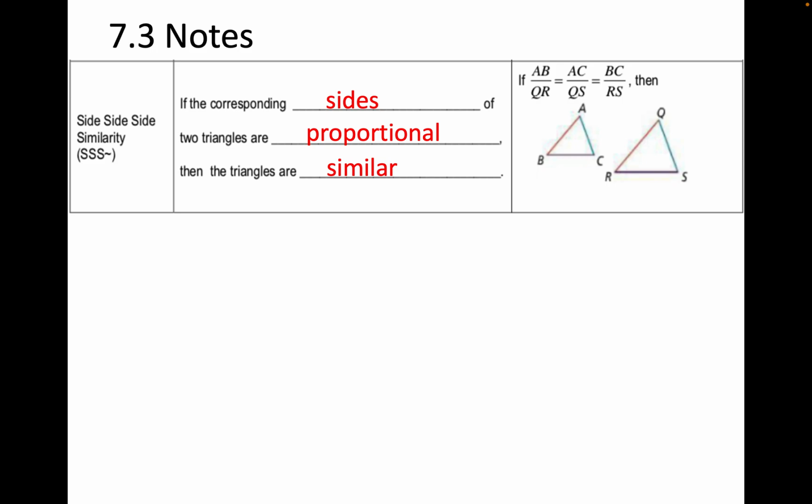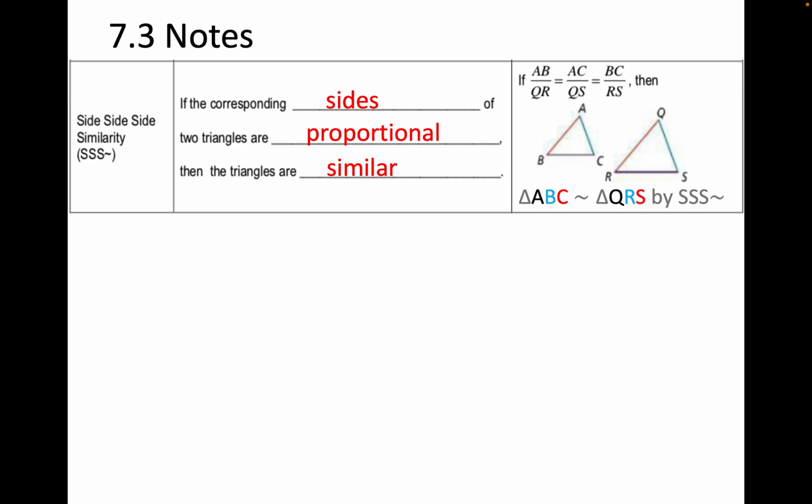So in the example over here, I have that the ratio of the red sides, AB to QR, is equal to the ratio of the blue sides, AC to QS, is equal to the ratio of the purple sides, BC to RS. If that's the case, then the triangles are congruent.